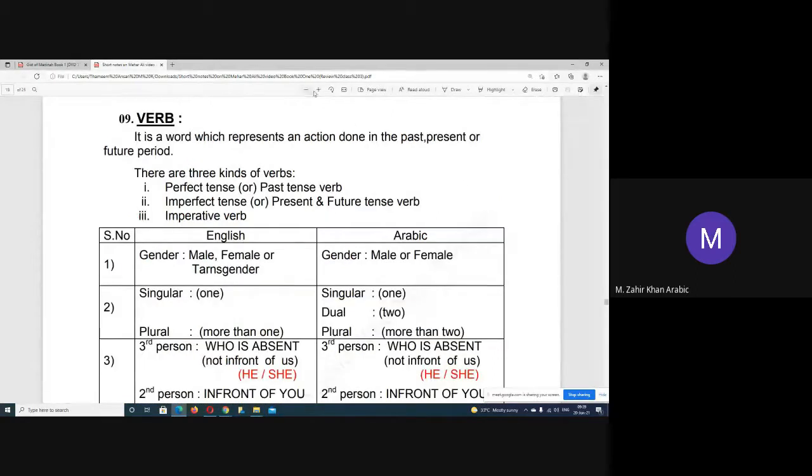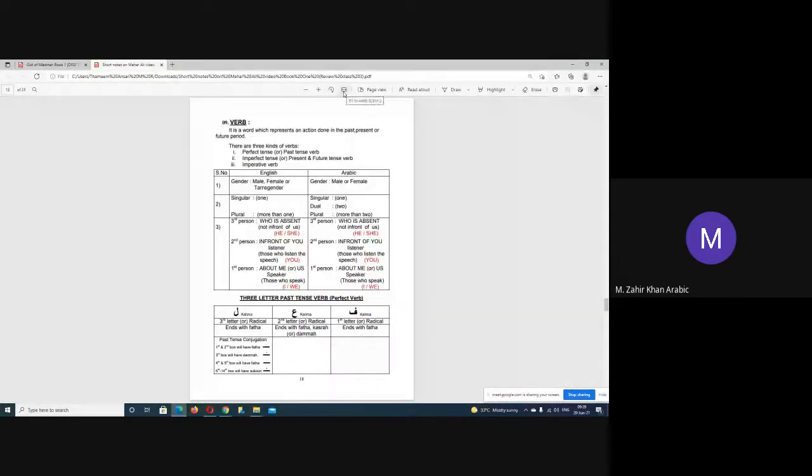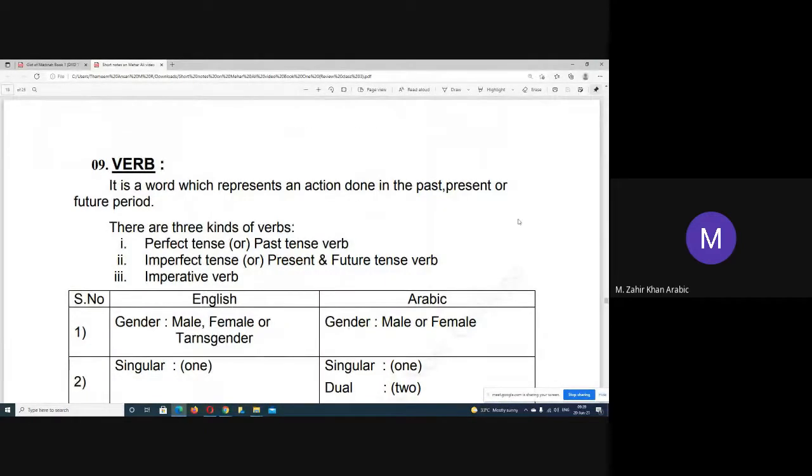So for verbs, it is a word which represents an action done in the past, present or future. In Arabic there are three types of verbs. One is perfect tense, another is imperfect tense, and the third is imperative. The perfect tense is nothing but the work which has been done, which is past tense. The imperfect tense is the work which has not been done, which is currently going on or will be done in the future.